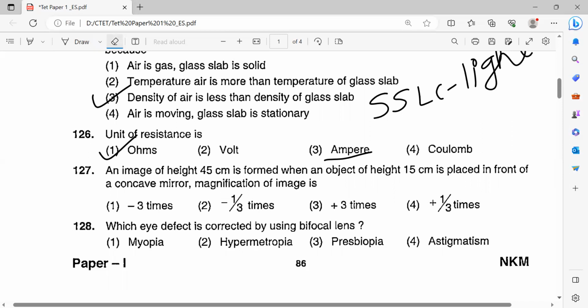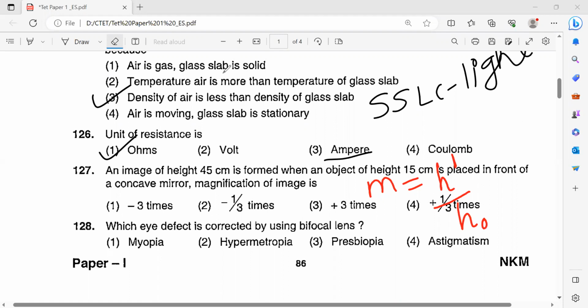An image of height 45 centimeter is formed when an object of height 15 centimeter is placed in front of a concave mirror. Magnification of image is... For this, we should know the formula of magnification. The formula of magnification is height of the image divided by height of the object.